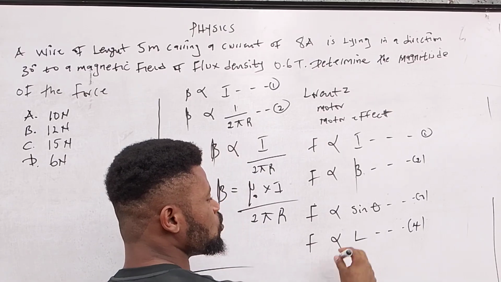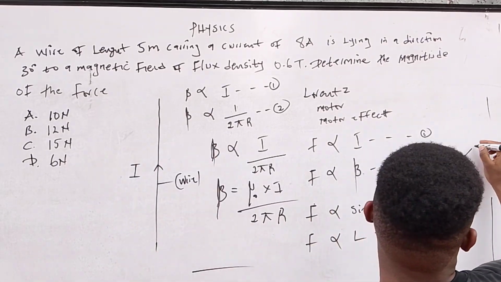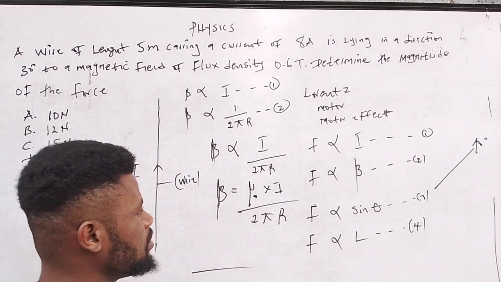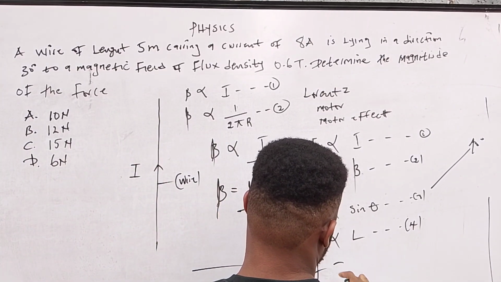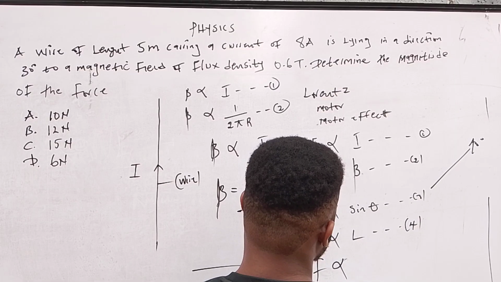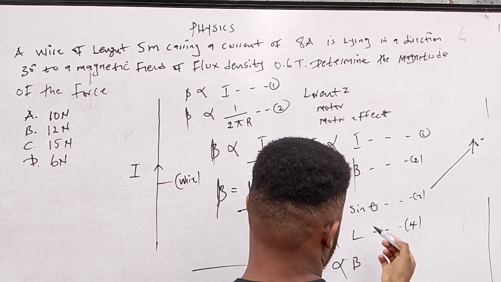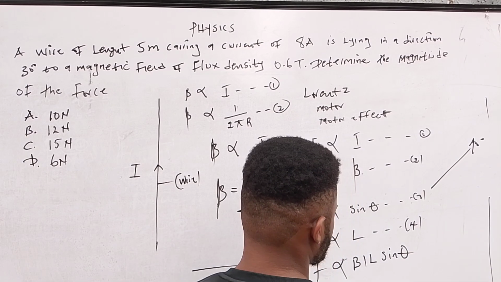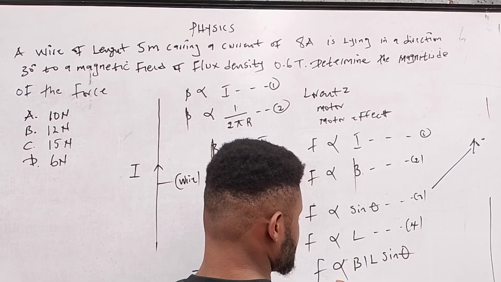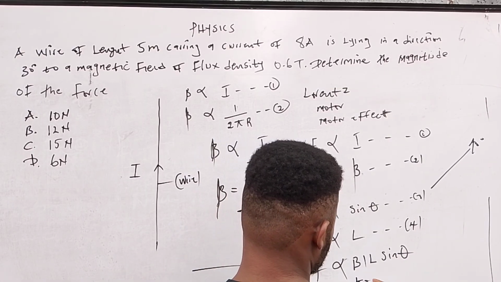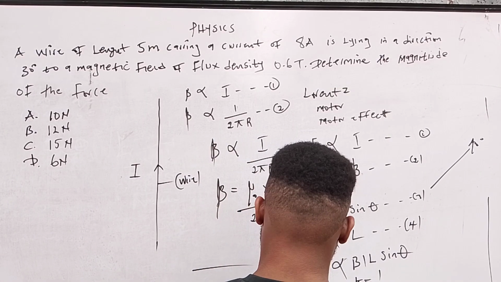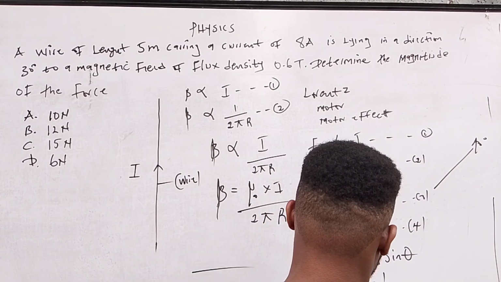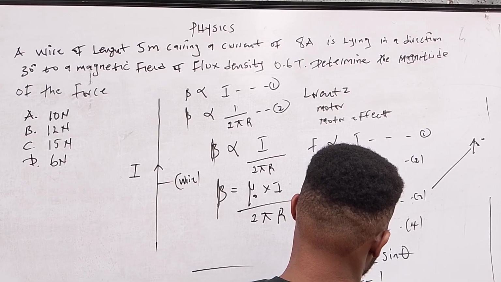Now take note, with respect to the sine of the angle of inclination, it is maximum at 90 degrees. Now, if you observe, everything here is directly proportional. So I can boldly say that F varies directly with B, with I, with L, and sine theta. Remember, because of this sign of variation here, our K is equal to 1. So F is equal to BIL sine theta.